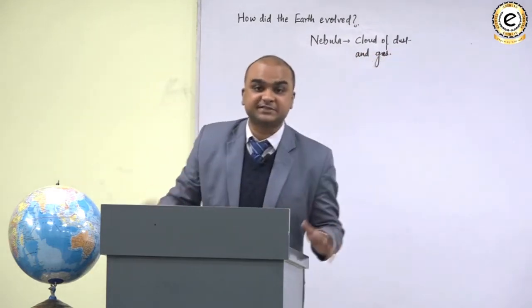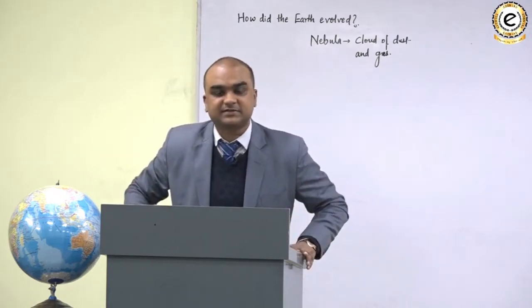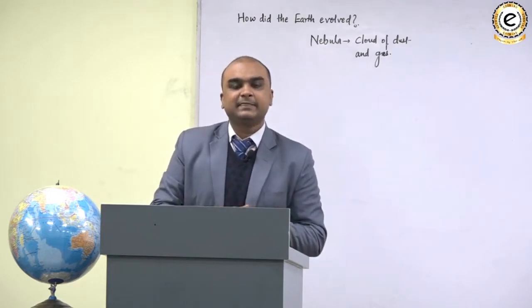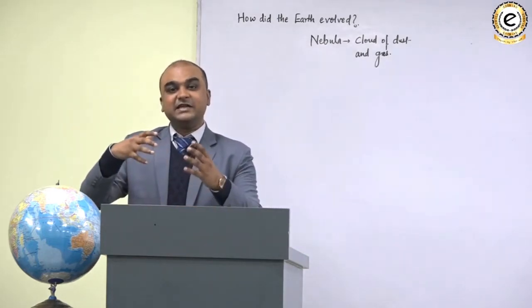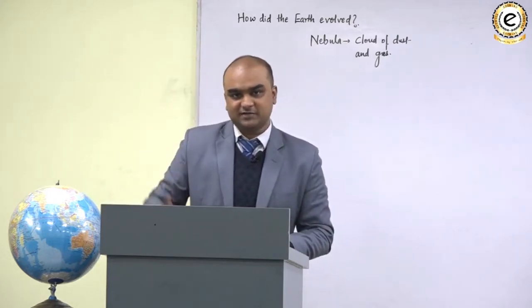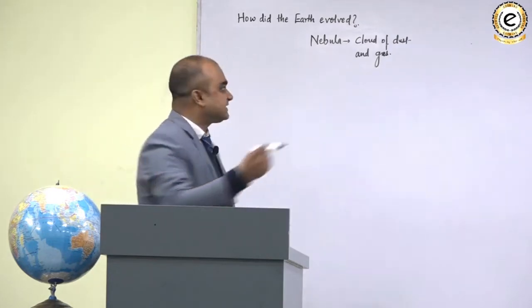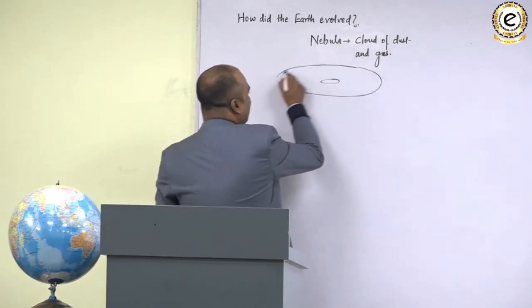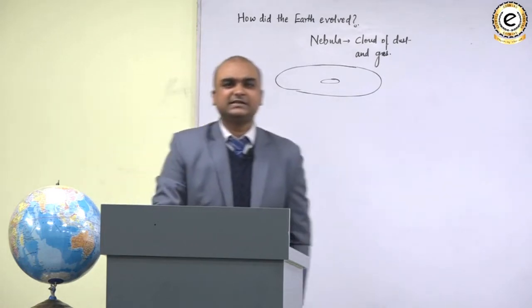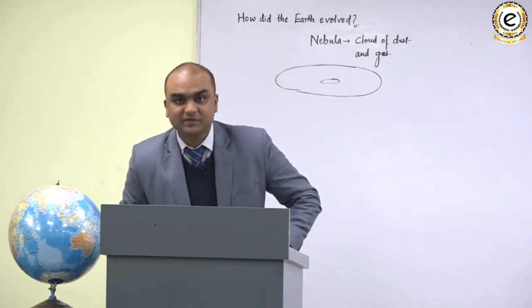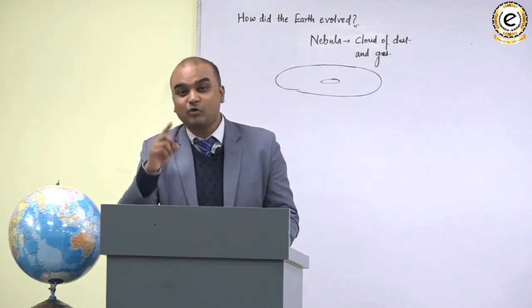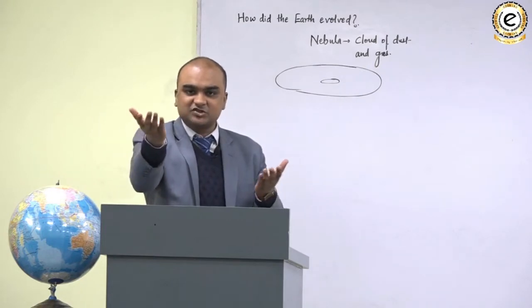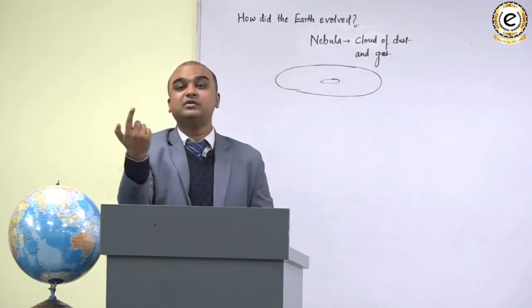Some astrophysicists or astronomers, along with earth scientists, believe that in the early phases of the universe, all stars had a nebula in and around them. And we know that the sun is also a star. So the sun also had a cloud of dust and gas around it. This cloud of dust and gas was slowly revolving around the sun.